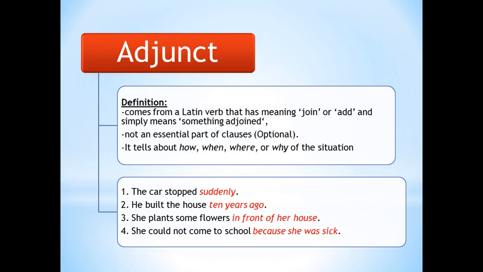The third, she planted some flowers in front of her house. In front of her house is adjunct. It tells about where. And she could not come to school because she was sick. Because she was sick is an adjunct telling about why.